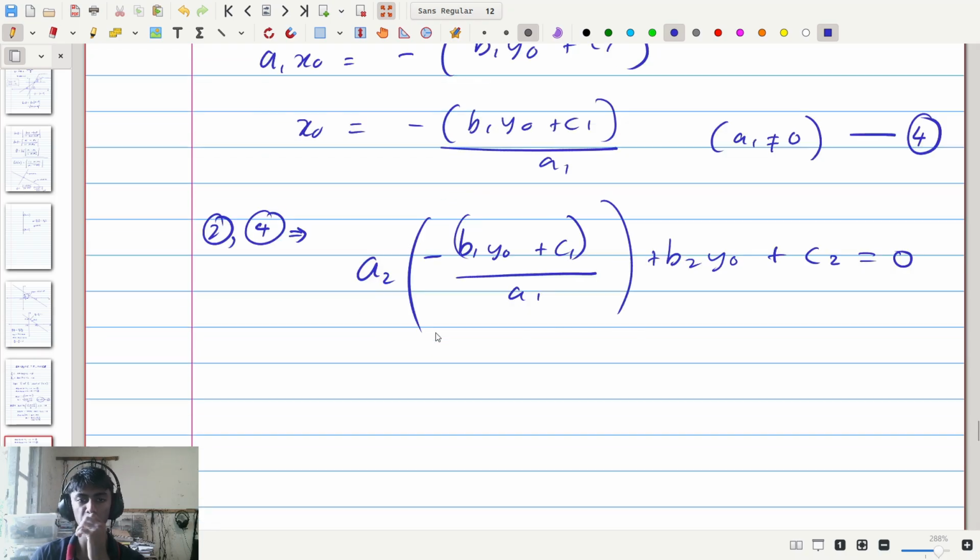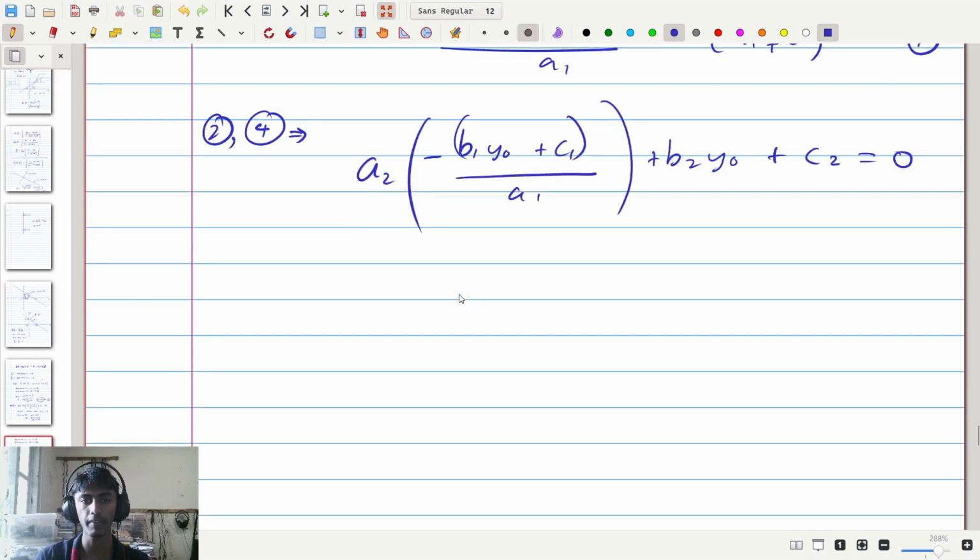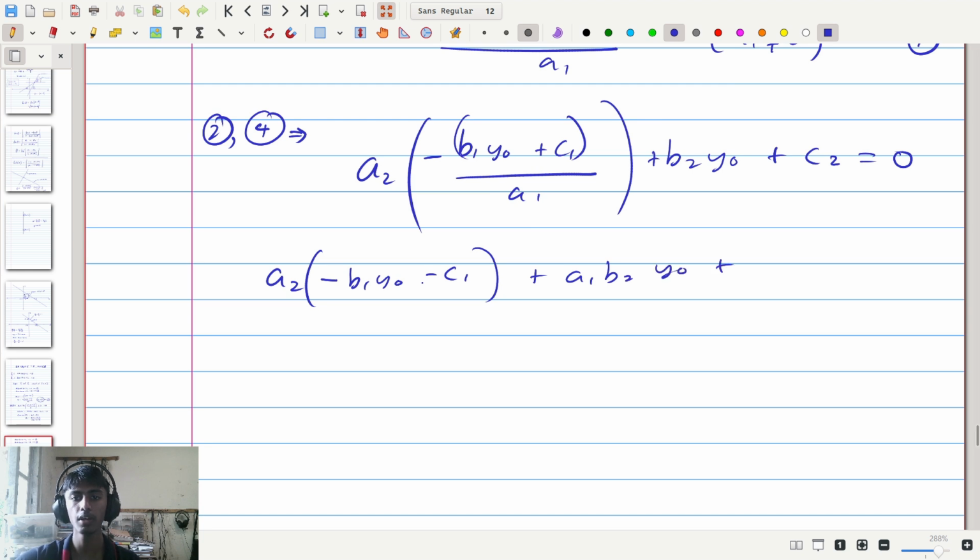Now what we're going to do is multiply both sides by a1 and then simplify our expressions. So here what we have is a2 times negative b1 y0 plus c1, and then when we multiply a1 into these two terms, what we get is a1 b2 times y0 plus a1 c2 equal to 0.